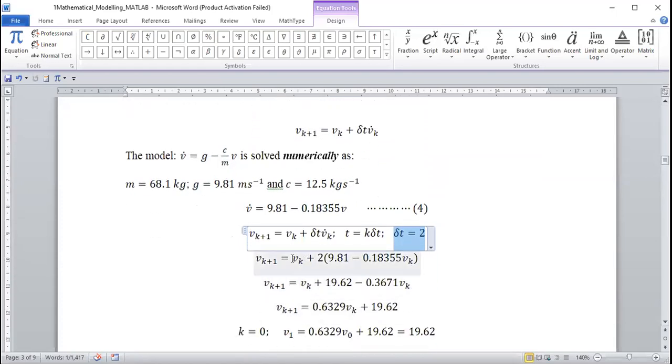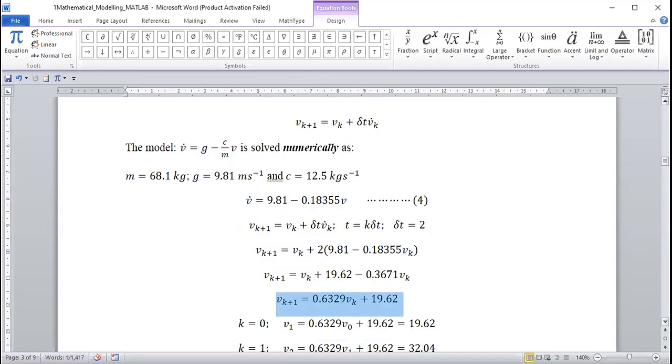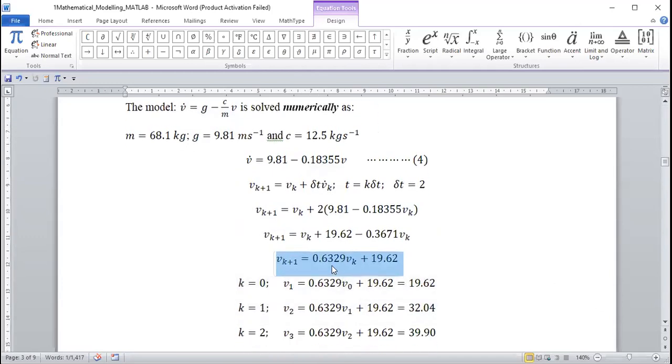This is the Euler's method, and in place of v dot, we are going to replace it with this, which is the model. When you do the arithmetic, you arrive at this model. So given the model of the falling ball, this is the numerical solution we arrive at.